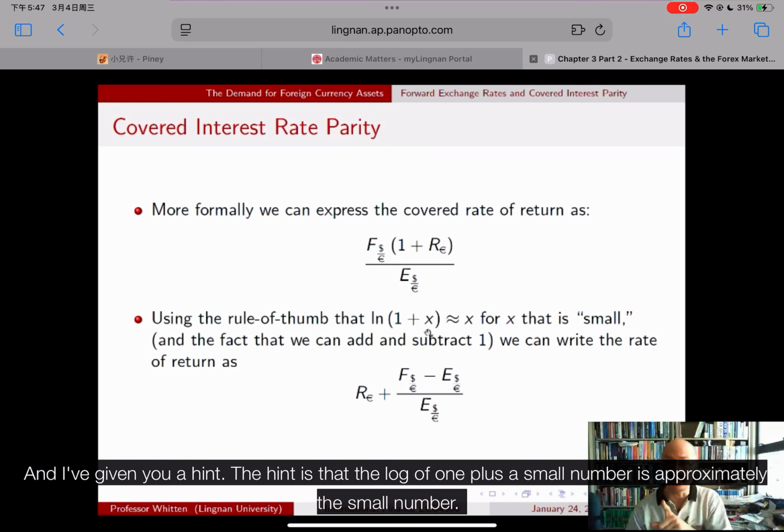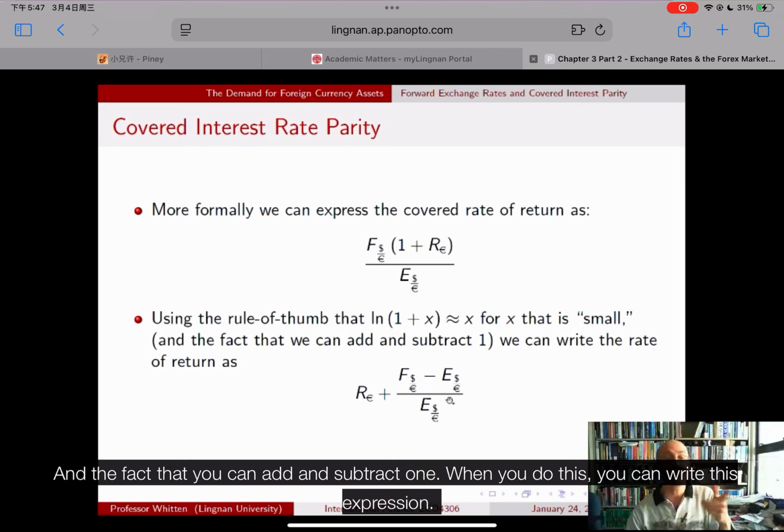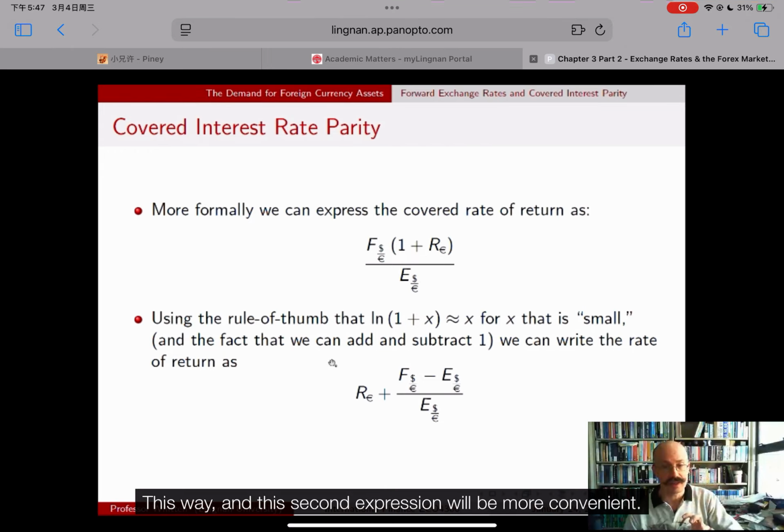And I've given you a hint. The hint is that the log of 1 plus a small number is approximately the small number, and the fact that you can add and subtract 1. When you do this, you can write this expression this way, and this second expression will be more convenient.